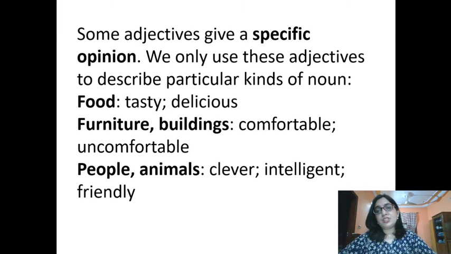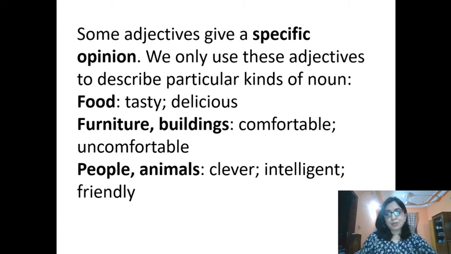Similarly, furniture, buildings: comfortable, uncomfortable, you use them with anything related to a certain area or which is large. You cannot say that my chicken sandwich was comfortable. It would be a severe pragmatic mistake. If it is not a grammatical mistake, it would be a pragmatic mistake, and people would actually doubt your sanity.